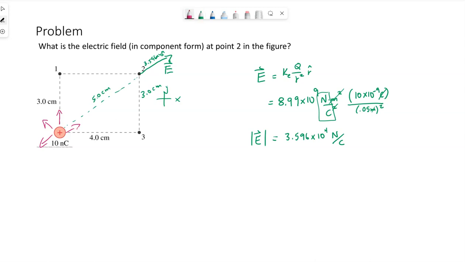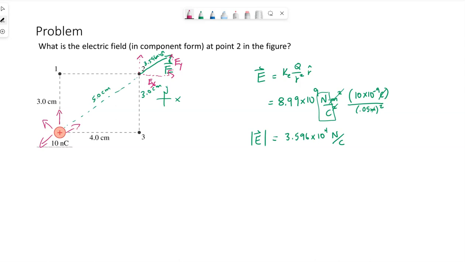But this vector has an x component and a y component. Now usually I draw myself my little triangle. Here's my x component. Here's my y component. So I need to find these components.